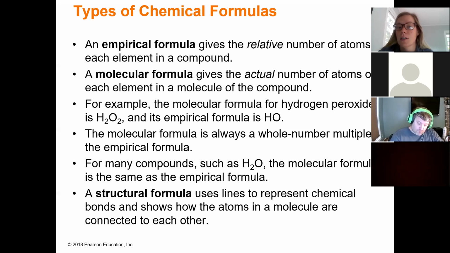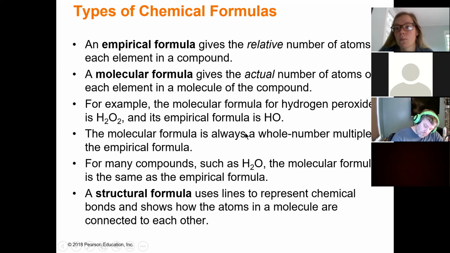Now, sometimes the molecular and the empirical formula are the same. Like for instance, table salt, NaCl. Its empirical formula is NaCl, 1:1. Its molecular formula is NaCl, 1:1. An example where we have a difference in these two is hydrogen peroxide. So hydrogen peroxide in real time, if you were to go out and look at the molecule, it would be 2 hydrogens for every 2 oxygens, H2O2.